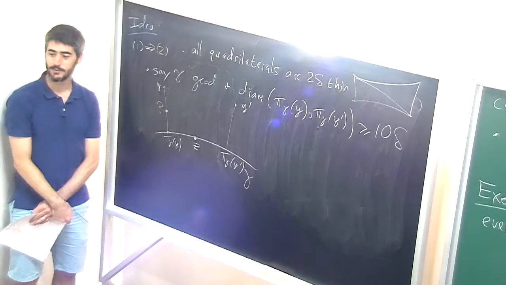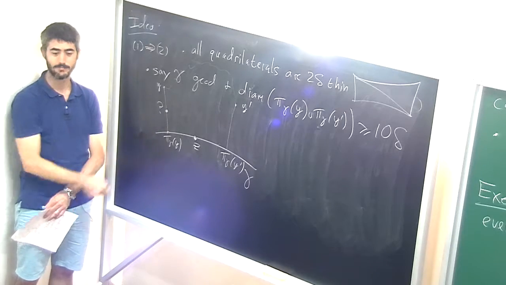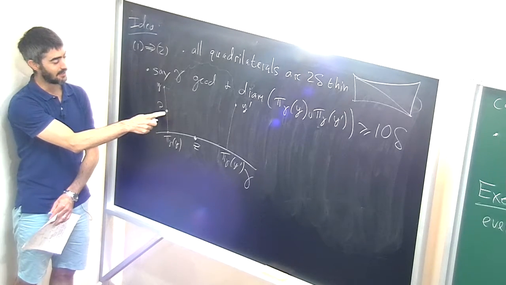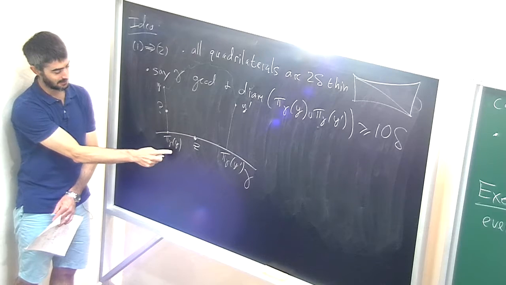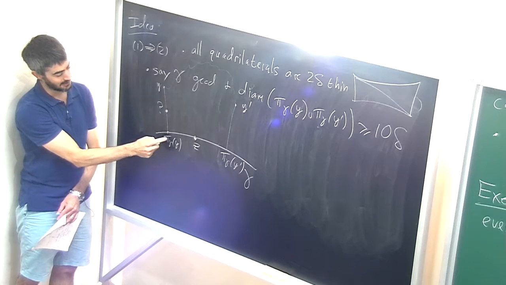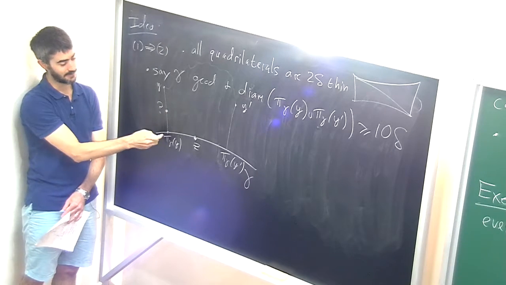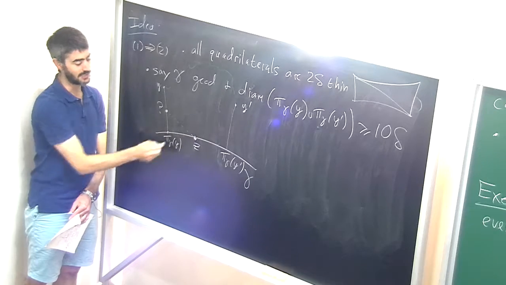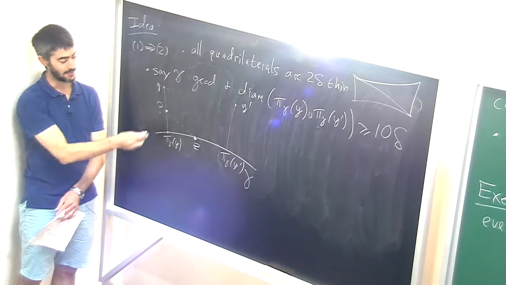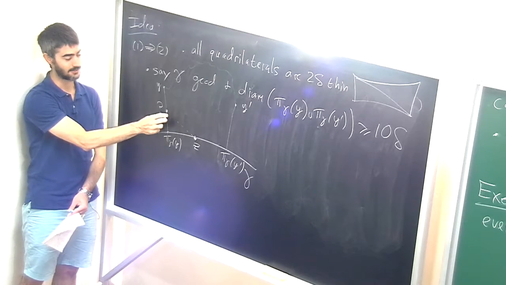What would that mean? Since this is a closest point projection of y, and this is a geodesic, this is also a closest point projection of this point. So if the distance here was less than 2 delta, then the distance here has to be less than that, because this is a closest point projection. So that's also less than 2 delta.